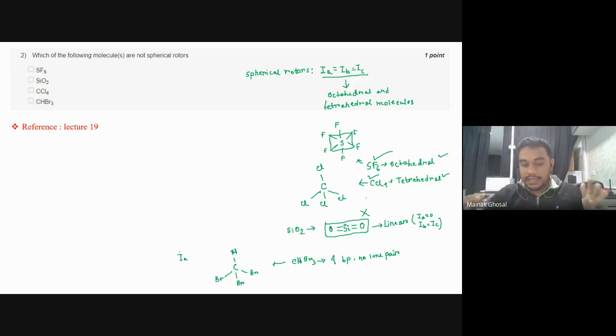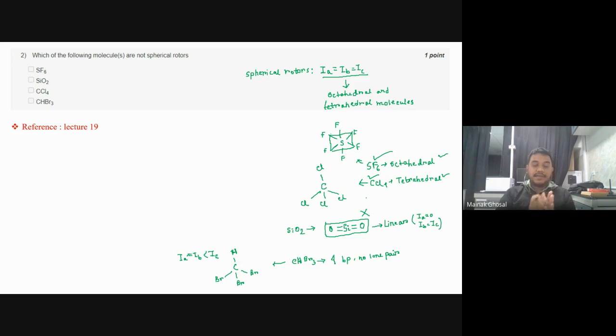If you have followed the lecture, you can see that for these cases it is possible that IA is equal to IB, which is less than IC. So your moment of inertia calculation, if you do this.